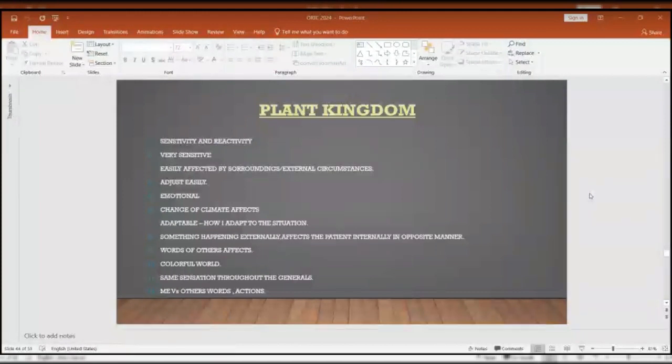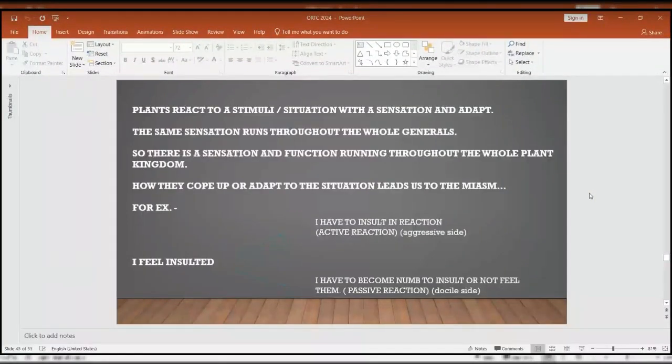And as described in the animal kingdom, there were different sensations through the whole body, whereas in plants there's the same sensation which runs throughout the generals. Okay? So plants actually react to a stimulus or a situation with a sensation and adapt accordingly, and this whole sensation runs throughout the generals.